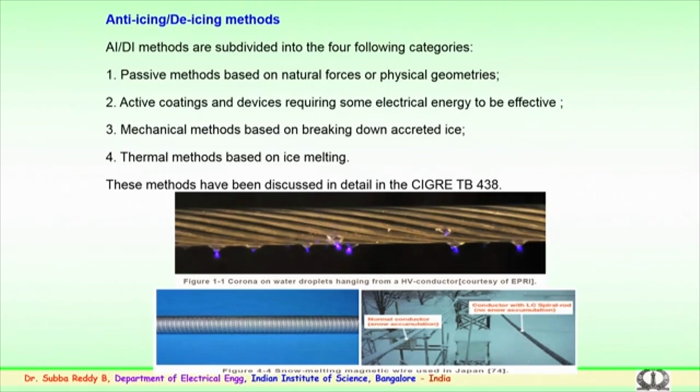So, these methods are discussed in detail in CIGRE technical brochure 437. Further details can be seen in this brochure, where they have comprehensively addressed the various methods of the passive, active, mechanical and thermal coatings.